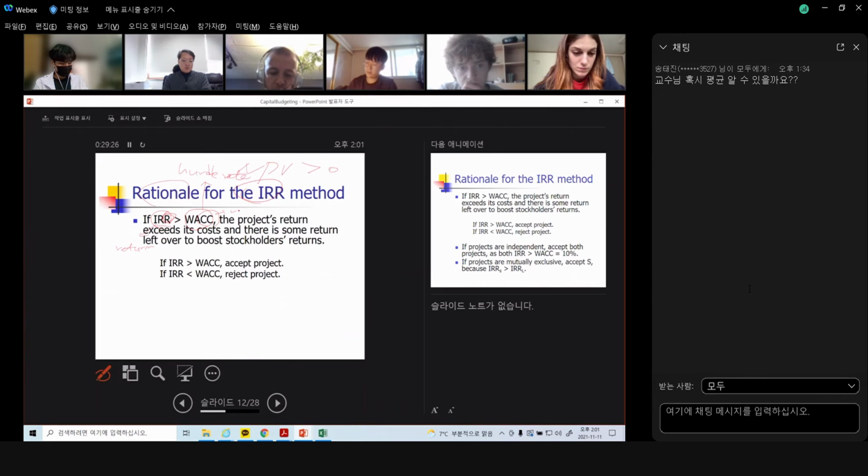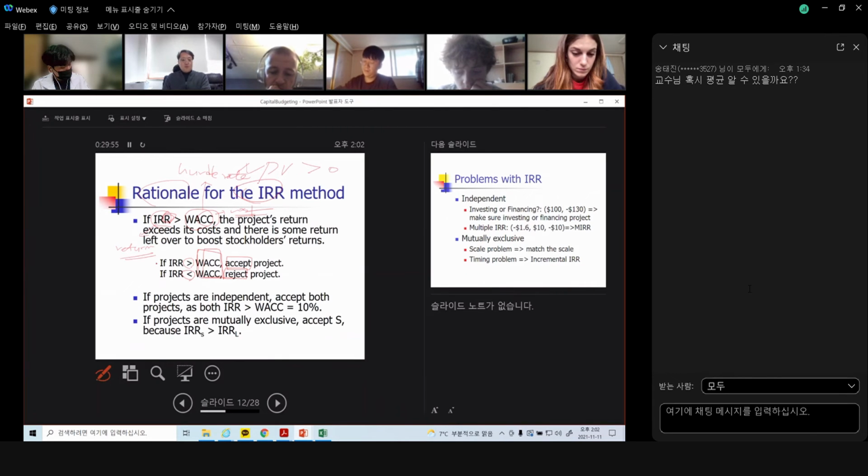WACC is the cost. So if return is higher than the cost, then there is some return left over to boost stockholders' returns. So if IRR is higher than WACC, we can accept the project. Whereas if IRR is lower than WACC, which plays a role as the hurdle rate, then we can reject the project. Right? So simple.